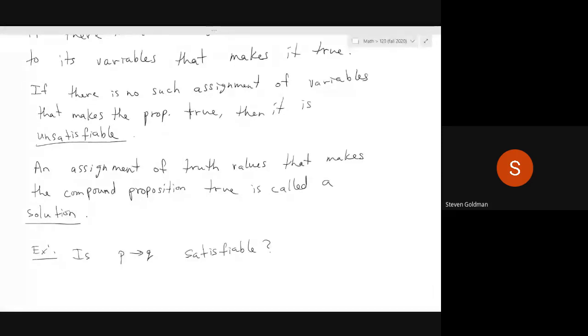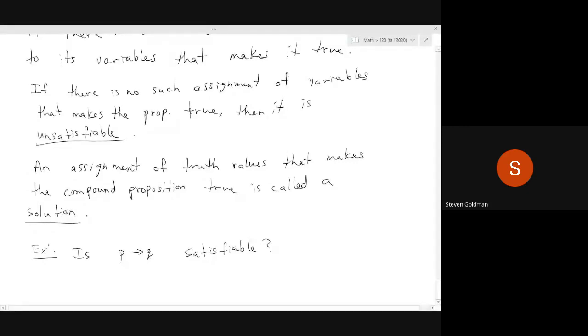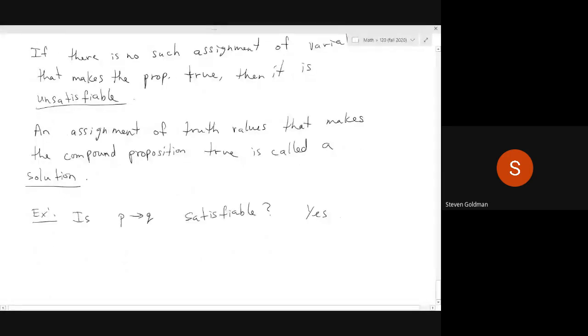The answer is yes, because there is a circumstance where it is true. What's an example of a solution? A solution would be an assignment of truth values to the propositional variables that makes it true. So one solution would be where P is true and Q is true, because under those circumstances, the statement is true.